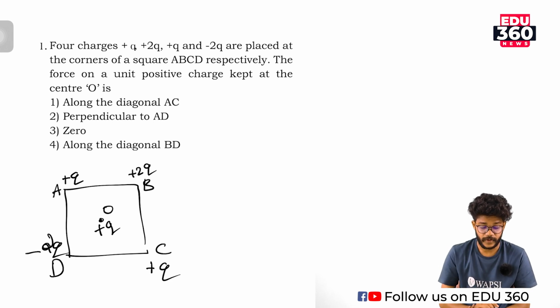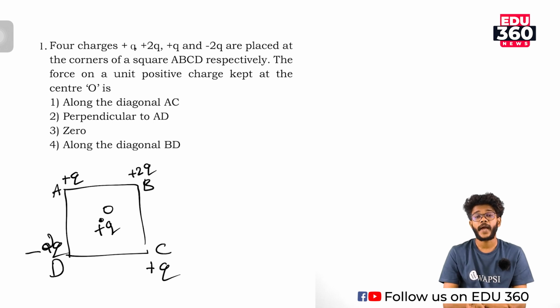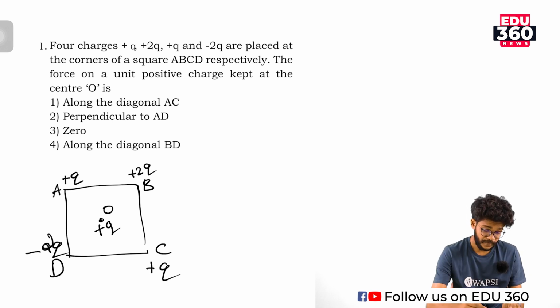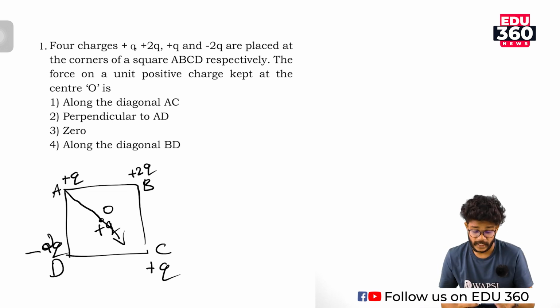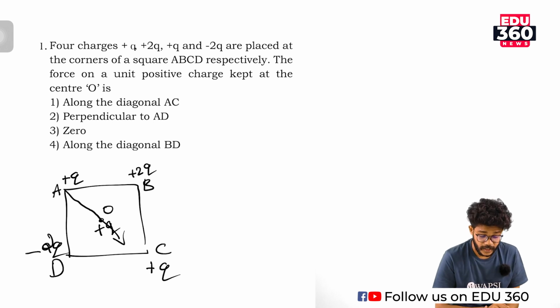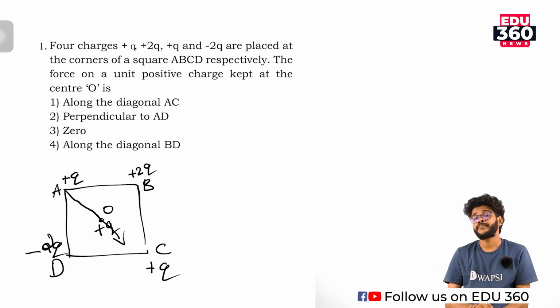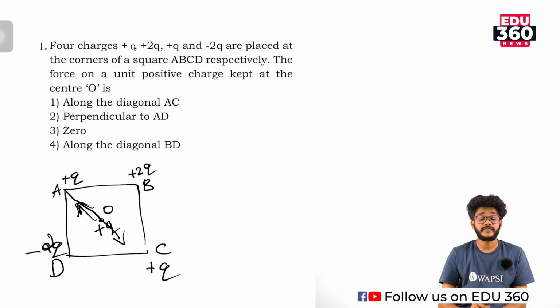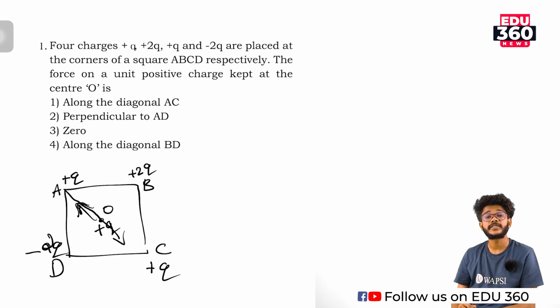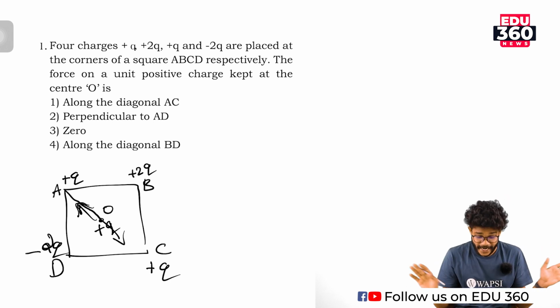O. From A to O, it is a repulsive force because plus q and plus q will repel each other. So this is a repulsive force towards this direction. And from C to O, that is also a repulsive force because they both are positive. So along this direction, but the magnitudes are the same from A to O and C to O, so they will mutually cancel each other.